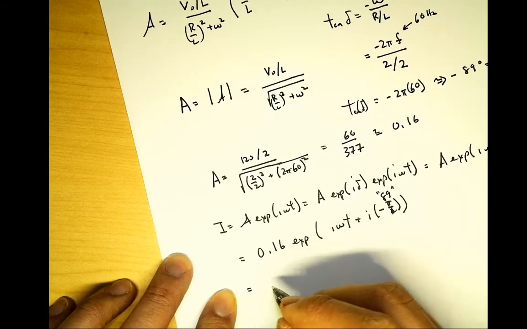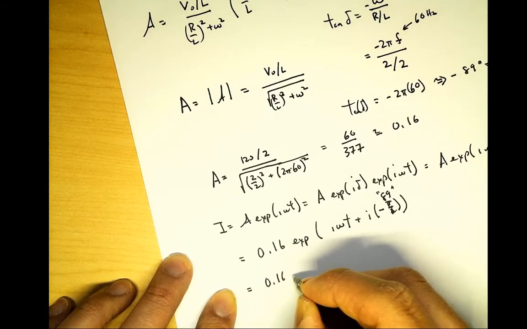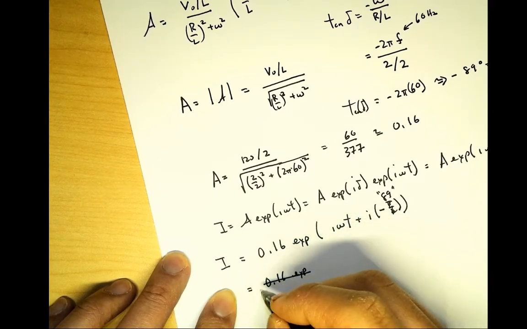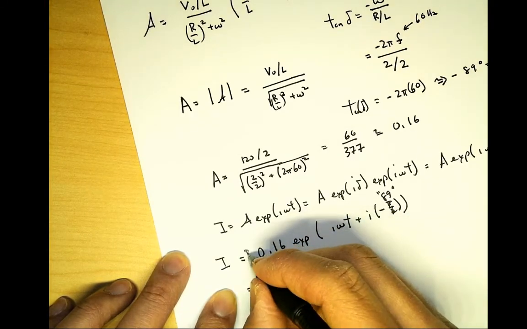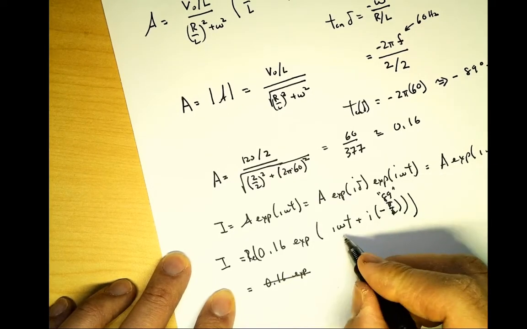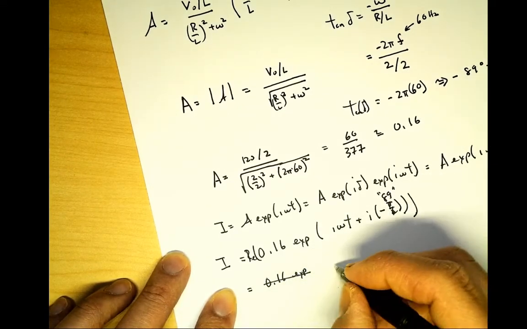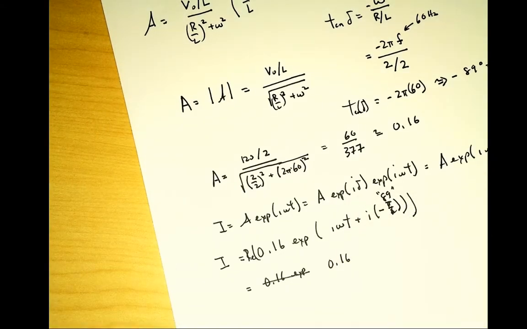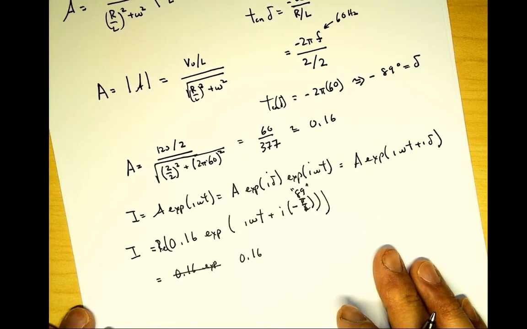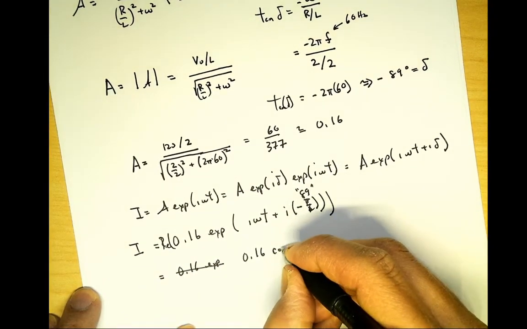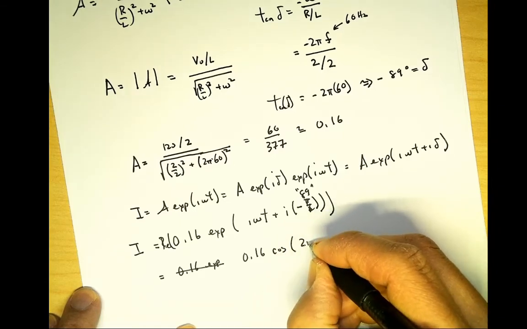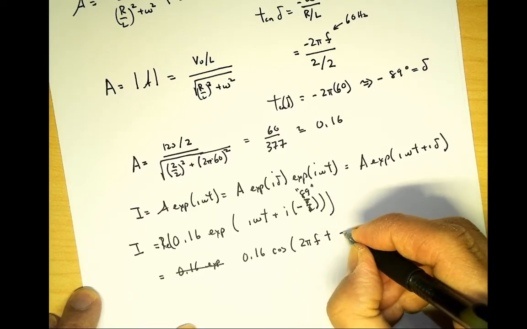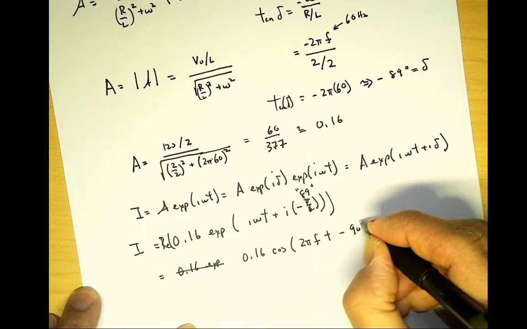All right, and so what you end up getting is something pretty simple now. Let's get the right part right. Now this is complexified I, so I need to take the real part of this thing. And the real part just brings out cosine. So it's going to be equal to 0.16 times the cosine of 2 pi f t, f is 60 hertz, minus 90.